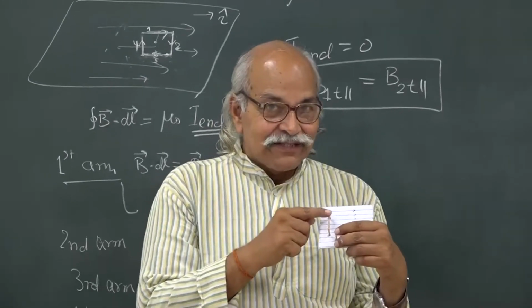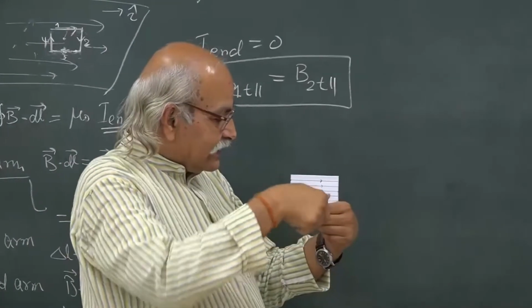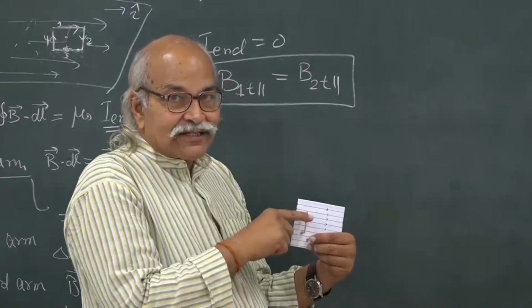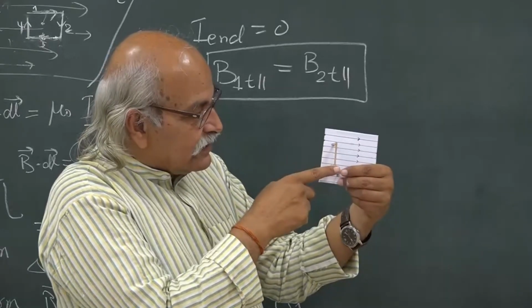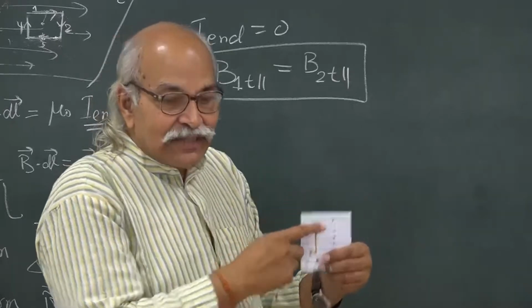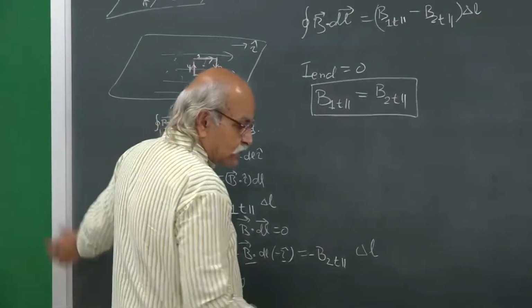If your x is here and z is here, this direction is z cross x, so it is your y direction. So, let us take the loop this way, from here to here, and then from here to here, and then here to here, and here to here. So, that this will be this B dot dl. So, where do I do it? Here.